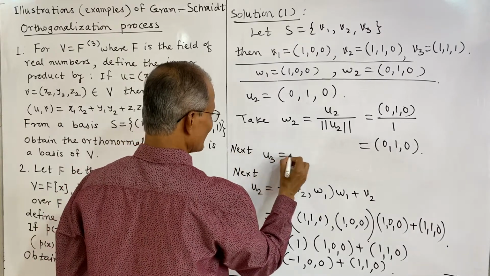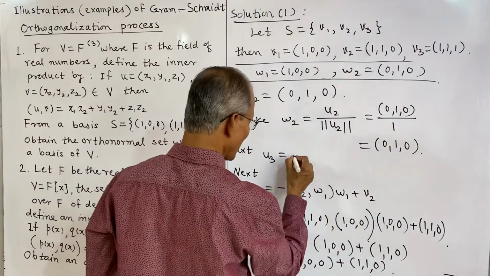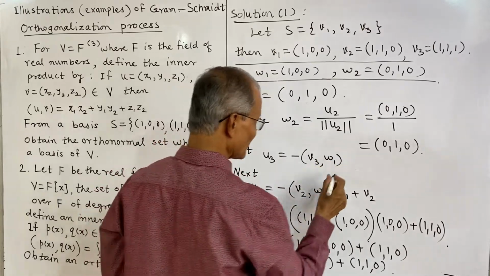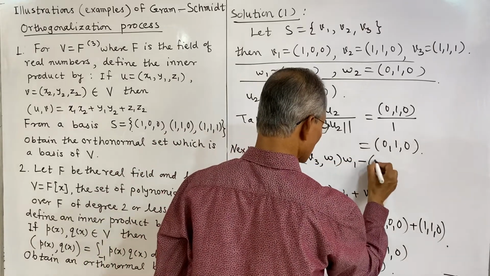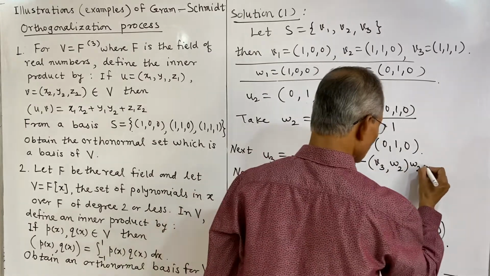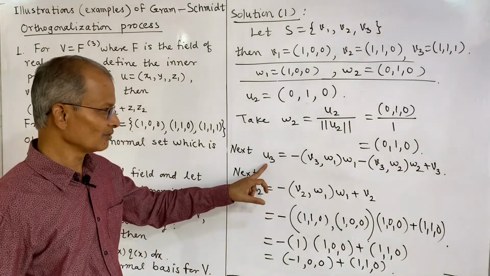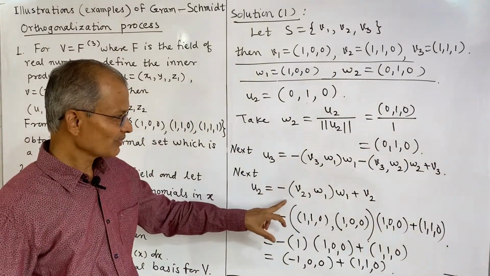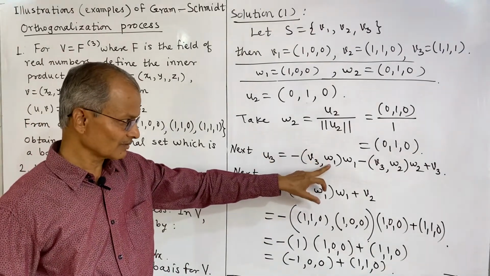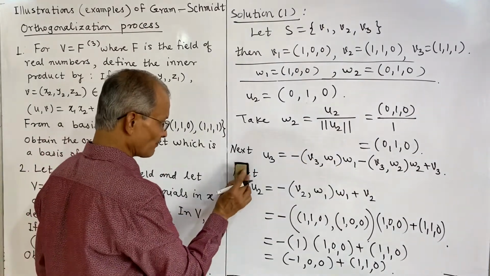U3 is to be written as minus V3 inner product with W1 multiplied by W1, minus inner product of V3 with W2 multiplied by W2, plus V3. This is the expression for U3. Extending this, in place of V2 now it is V3, inner product of V3 first with W1 multiplied by W1, etc.